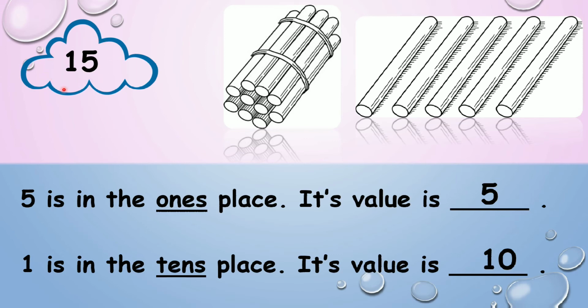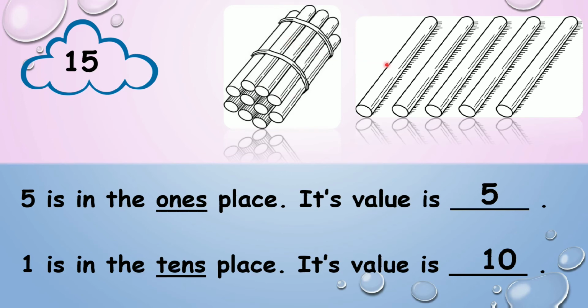Now we have this number 15. If we count these sticks, do they add up to 15? Well, we already know this is a bundle of 10 sticks, meaning altogether these sticks are 10.